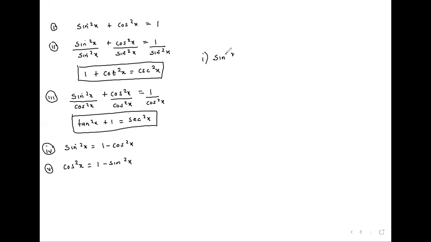Show that sine x over 2 is the same as plus or minus the square root of 1 minus cos x over 2. This identity can be asked in this way, or they give you some half angle to find. For example, they ask you to find sine 22.5.